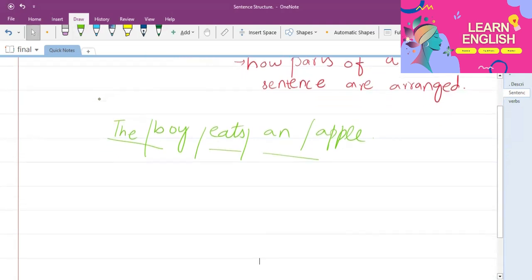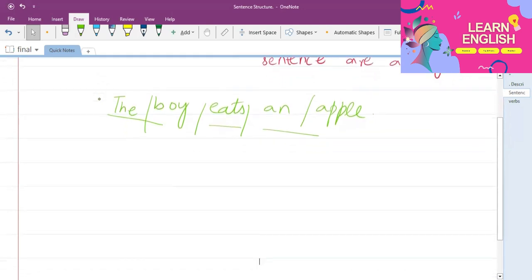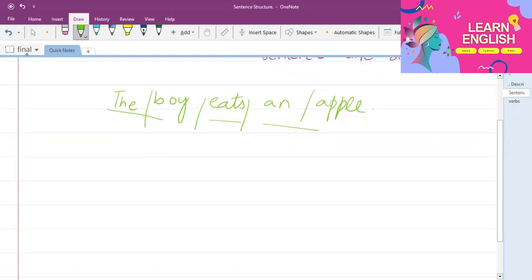Okay. So, sentence structure, as I have already discussed with you, these parts are basically something that are driving a sentence. In grammar, we have named these specific parts, that what will come in the starting, what comes in the middle, and what comes at the end. So, I can never say eats the boy.